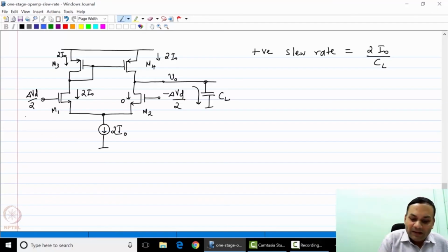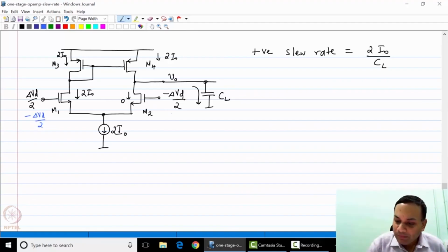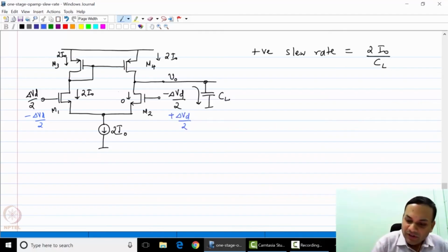Now what happens if a negative step is applied? Let us say you were to apply minus delta Vd by 2 to M1 and plus delta Vd by 2 to M2. If that were the case, M2 would have a current 2I0 and M1 would have 0 current, M3 would have 0 current, M4 would have 0 current.